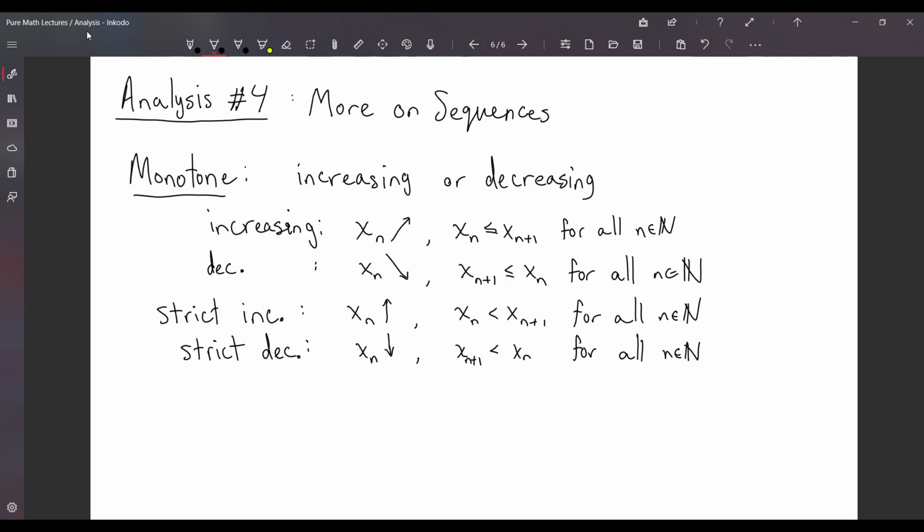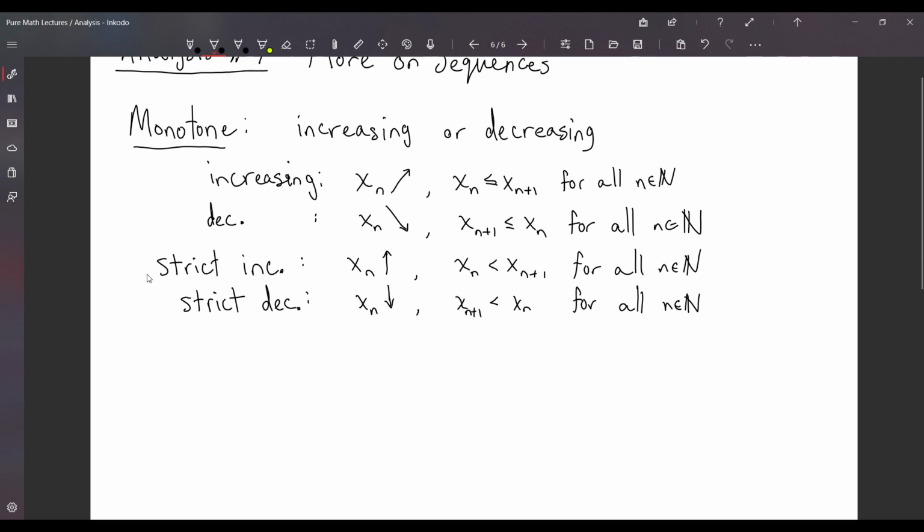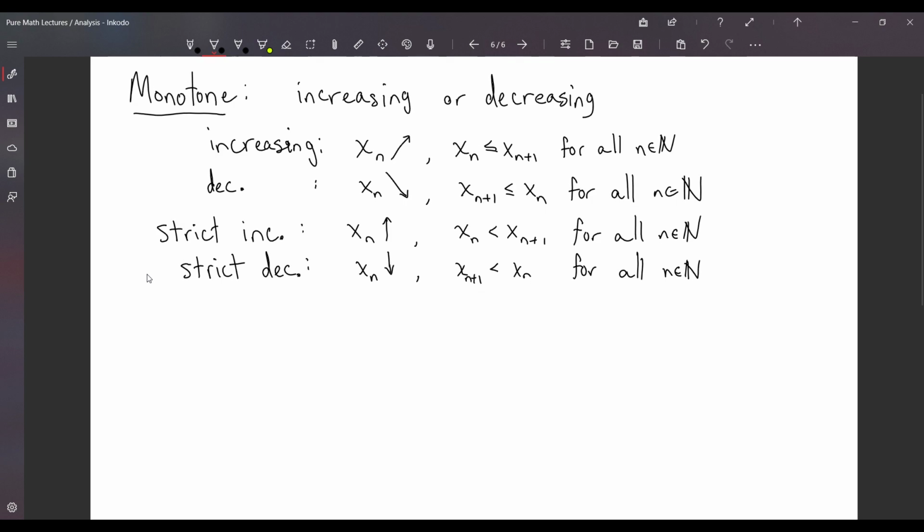And you can say that if x sub k is increasing, then the sequence x sub k goes to its supremum. More precisely, the supremum of the set which consists of all the values of the sequence, right?